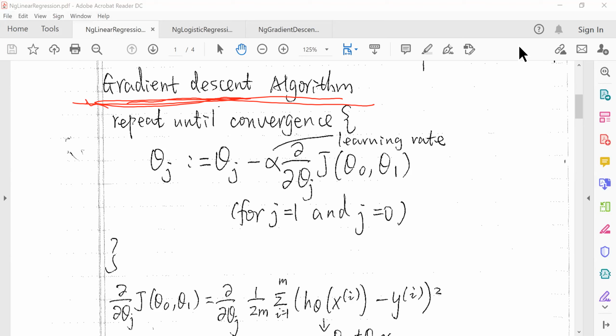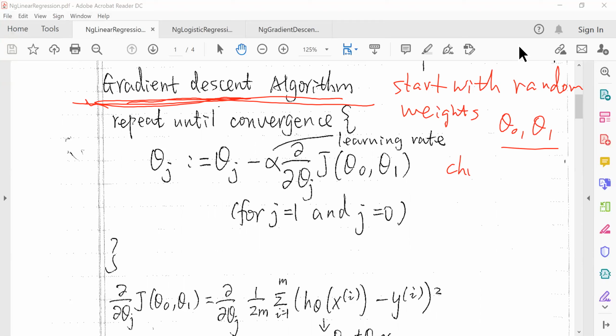What it does is repeatedly do the following. We start with some random weights, theta 0 and theta 1, and then you choose the learning rate.